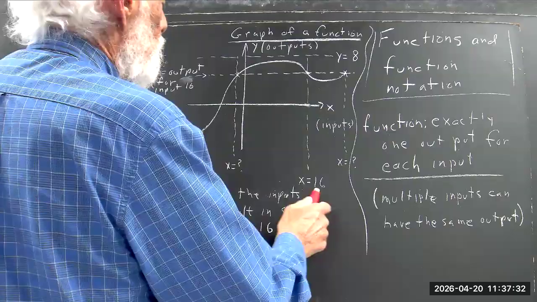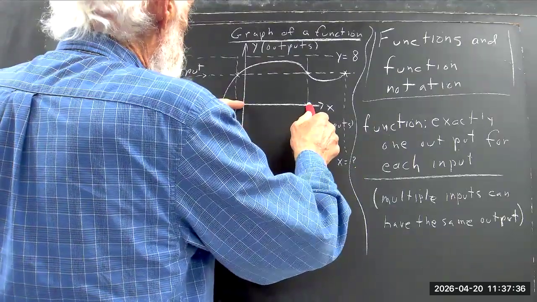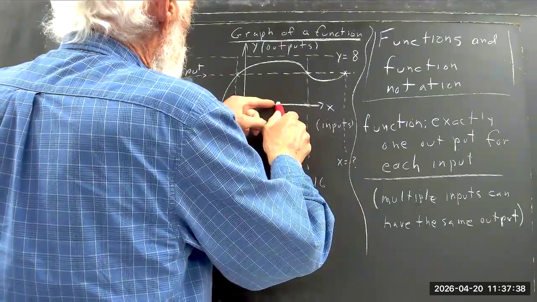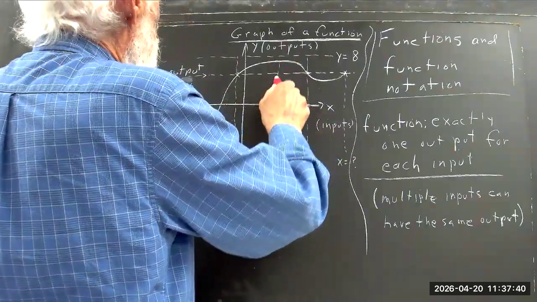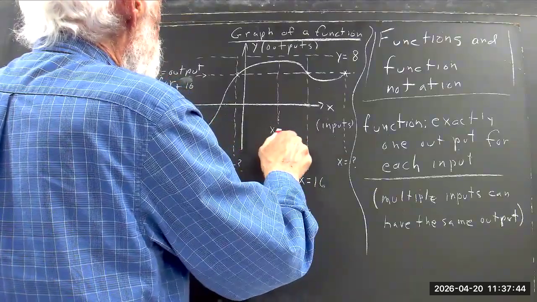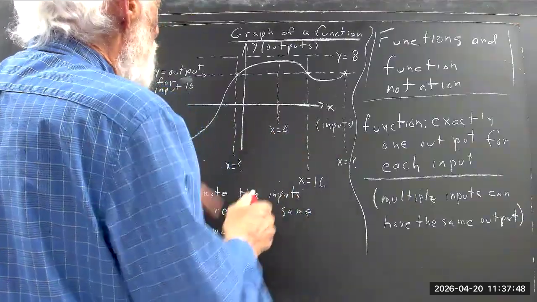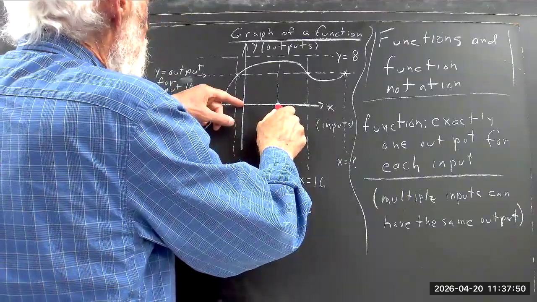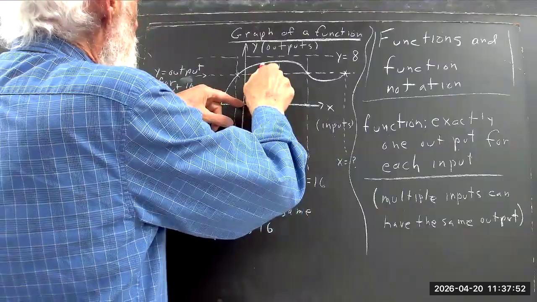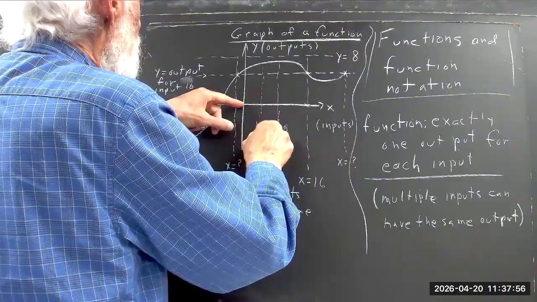I'll explain why I like to use powers of 2 to define scales. I can cut 16 in half. I just come over halfway, and I'm going to label this line x equals 8. And then I'm going to go halfway between 0 and 8. You get x equals 4.